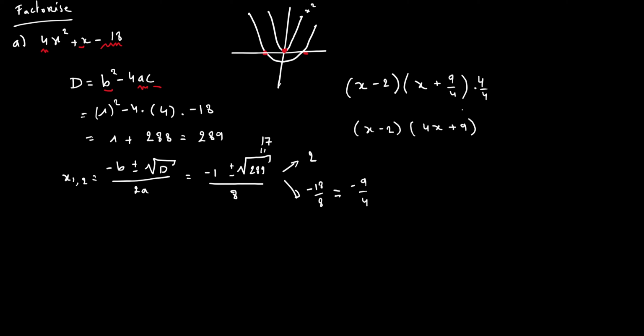Depends what you think is more convenient. This is also just fine, but this is how you can factorize it, and basically everything becomes a multiplication. So either you answer this or you answer this. Both are good.